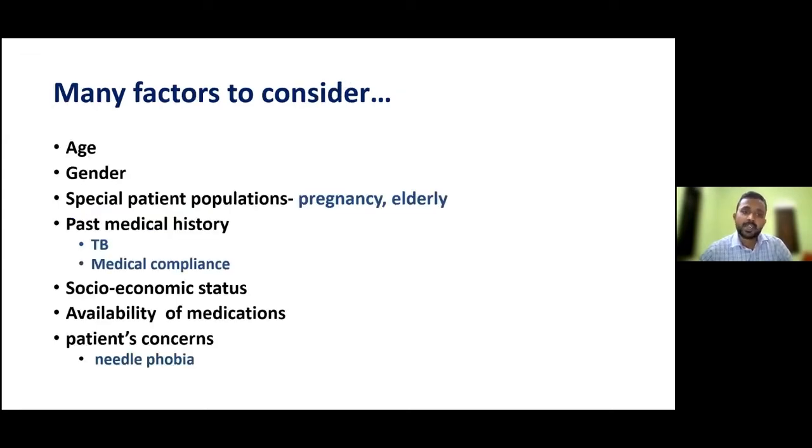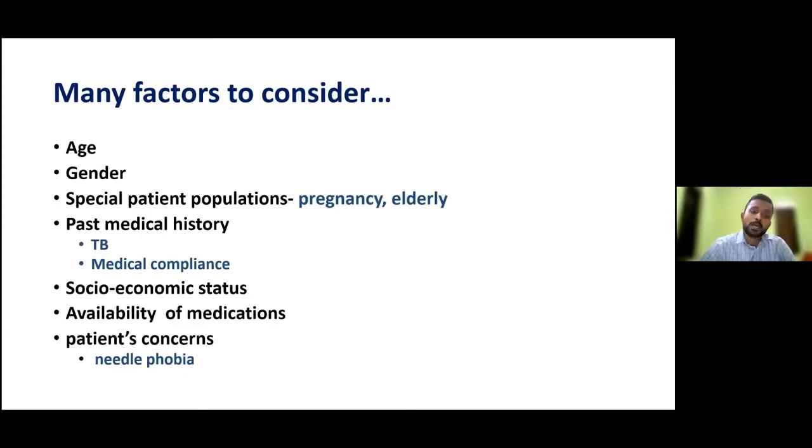The other thing we have to consider is age. For example, in the pediatric population, we try our best to minimize corticosteroid use. And there are also special patient populations such as pregnancy and the elderly. In pregnancy, we don't use methotrexate and we don't use tofacitinib. And in the elderly, we don't use thiopurine because of the increased risk of malignancy.